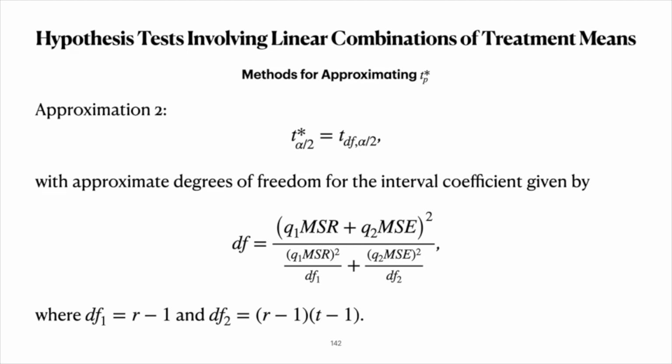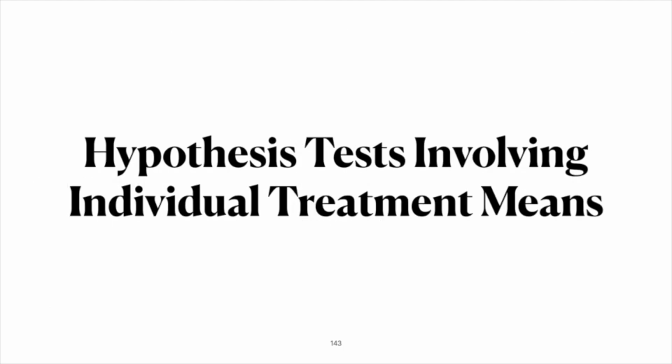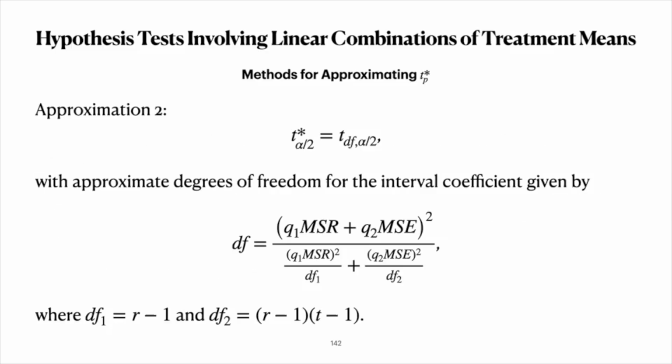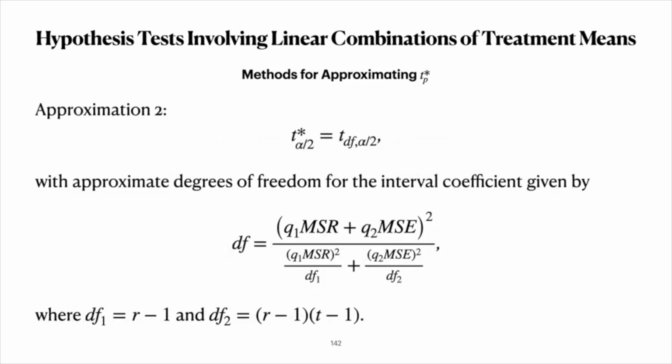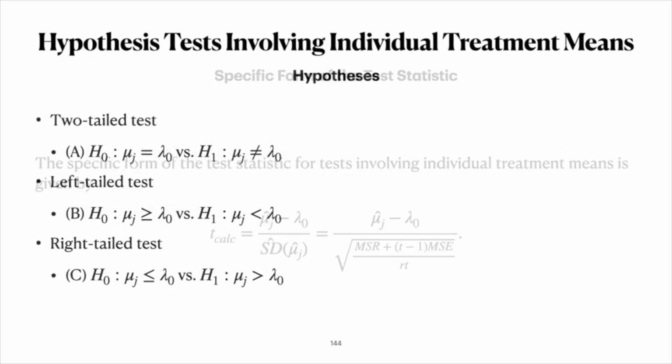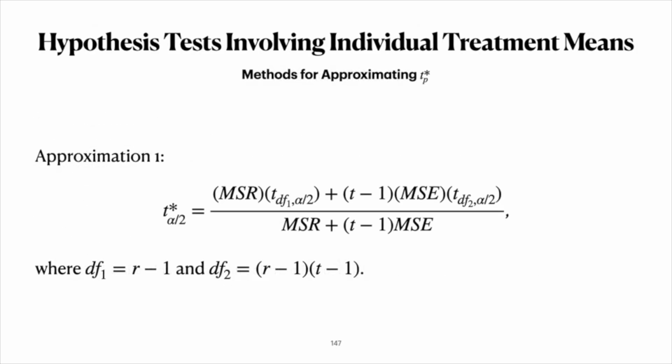Now, in this situation where we're looking at just one treatment mean, obviously one of the coefficients is going to be 1 and the rest are going to be 0. What that results in is that these expressions for Q1 and Q2 are simplified, and things cancel out. When we look at that, this is what we get.